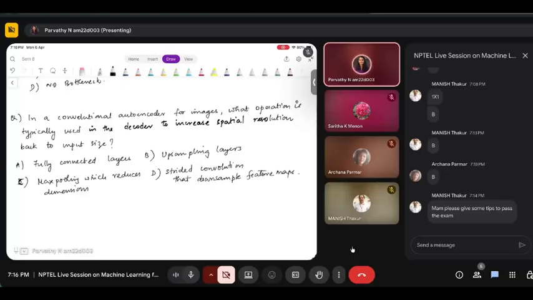In a convolutional autoencoder for images, what operation is used in the decoder to increase the spatial resolution? Fully connected layers, upsampling layers, max pooling, transposed convolution, downsampling.